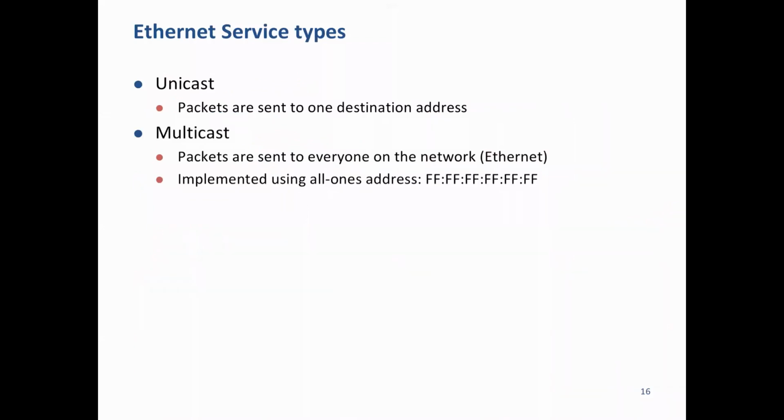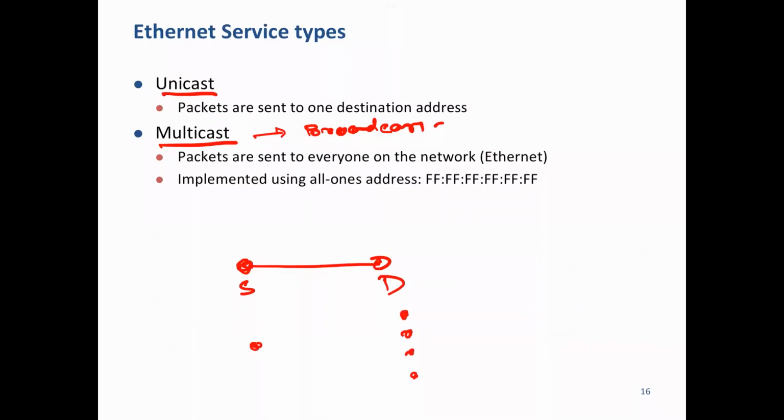Then in Ethernet, we can do unicast or multicast. A type of multicast is broadcast. I hope you understand. Unicast is one-to-one, one source, one destination. Multicast is one source and some destinations, like say 5 destinations.